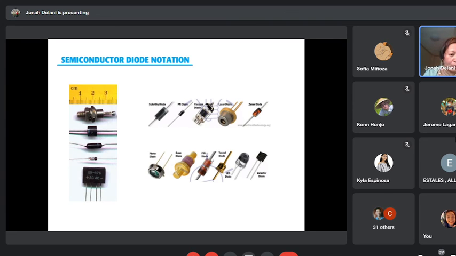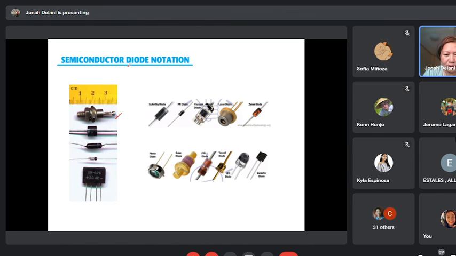This is around this size in centimeters, around 1 centimeter. The smaller part is less than a centimeter. The larger part is usually a higher wattage diode so that it can withstand a larger amount of current.